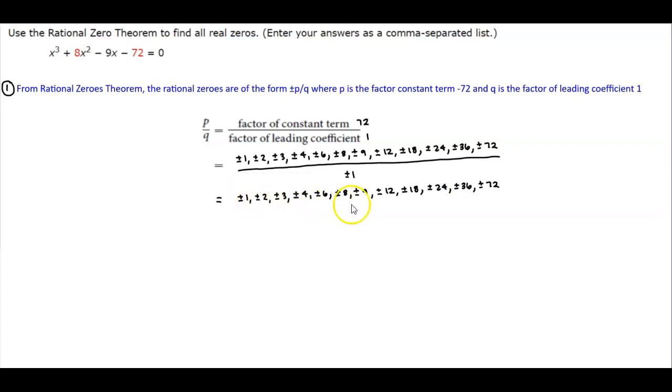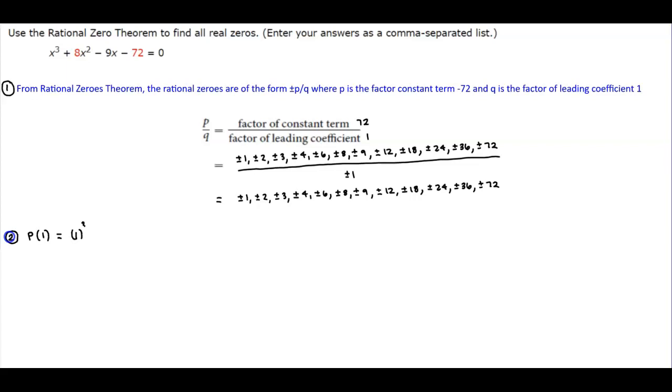So we have quite a few that we need to go through. The first suggestion is to start off by using the remainder theorem. The remainder theorem tells us that we want to find what happens when we find, let's say, p of plus 1.